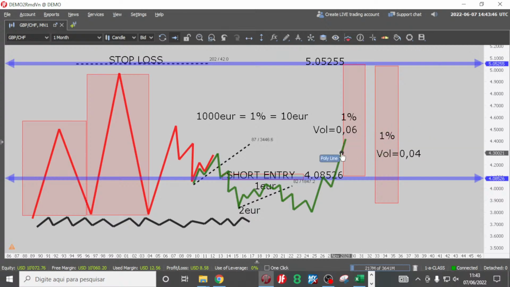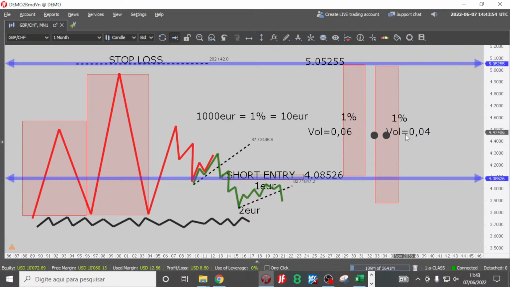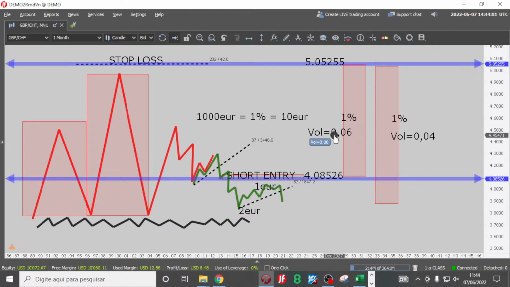Everybody, it's all about education. Some of you think that the bigger the stop loss in pips, the bigger the stop loss in volume and the money. This is not true. Hear me out, not true. This is a myth or misunderstanding. Make sense, everybody?